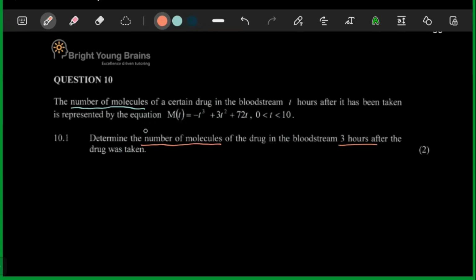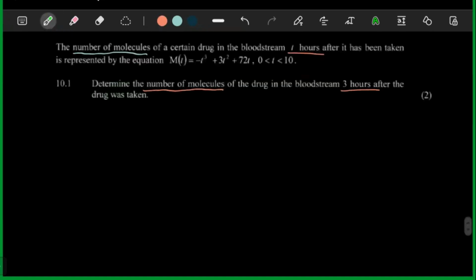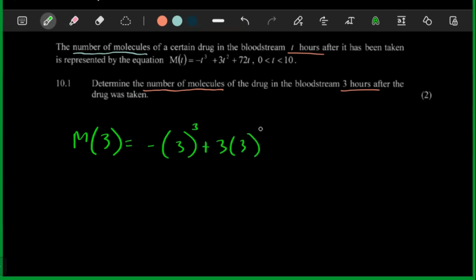So where T is, we're just going to give it the number 3, and then work it out. So M here, we're going to put a 3 there, 3 there, 3 there, and then 3 there.